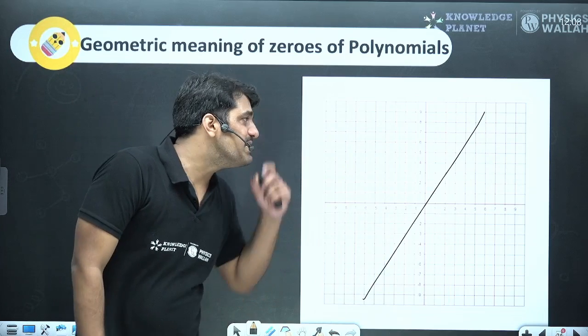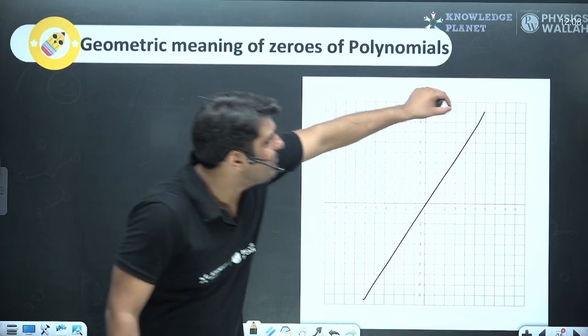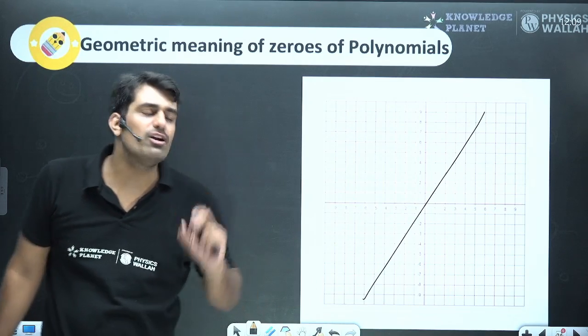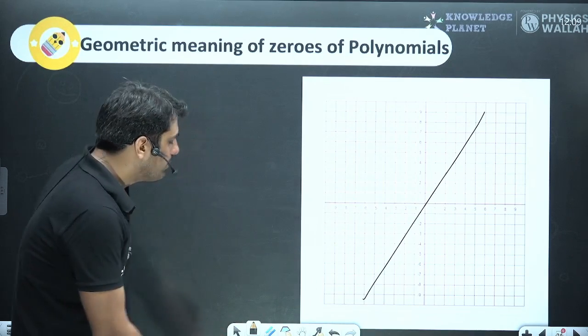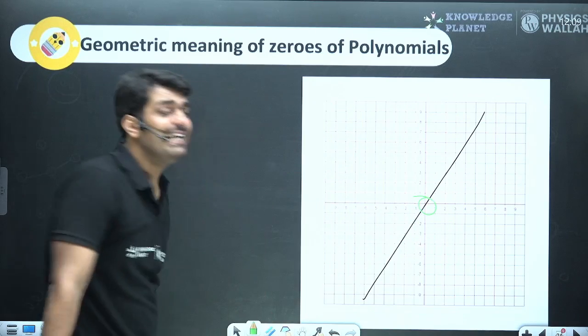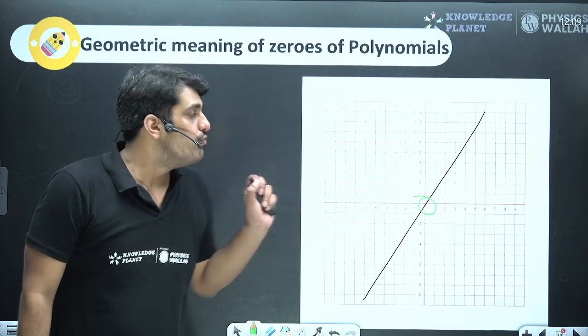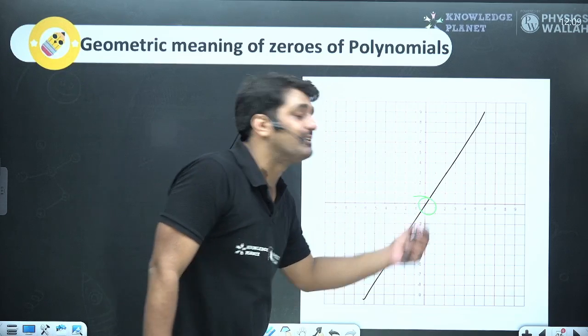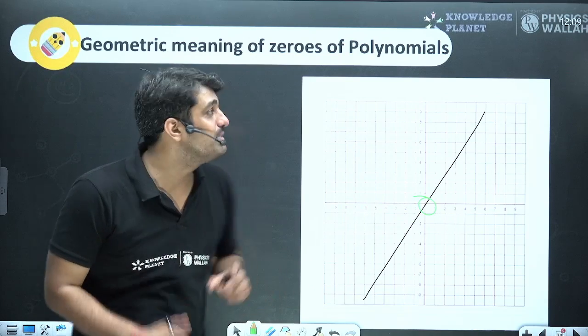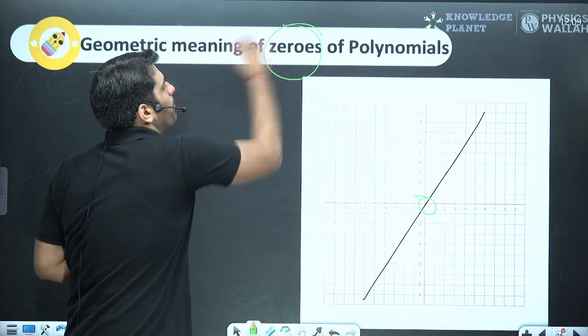Now, what happens in this case? This given line is a curve of a given equation, or a polynomial. Somewhere it will be intersecting the x-axis. Wherever it is intersecting the x-axis, that point represents the zero of the polynomial.